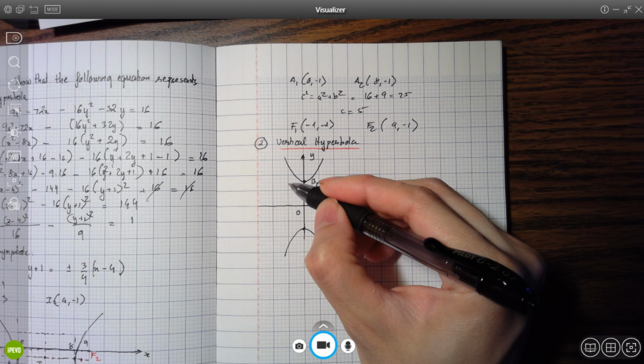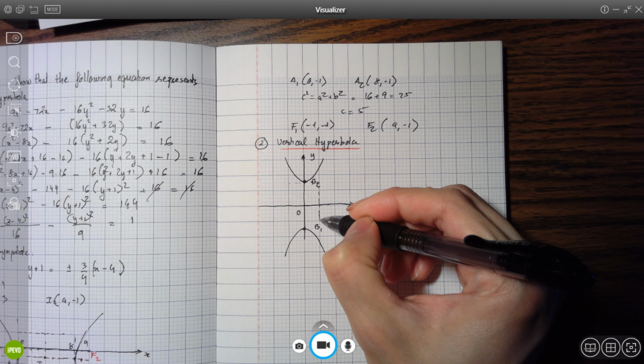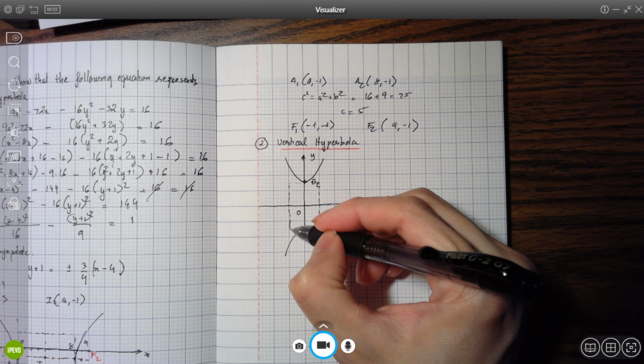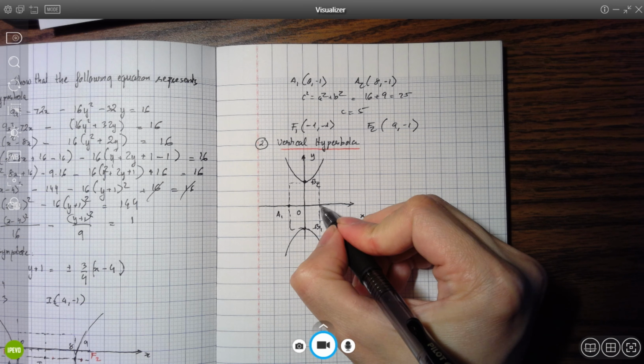What if the center box is like this? So it means our A1 is here and our A2 is here.